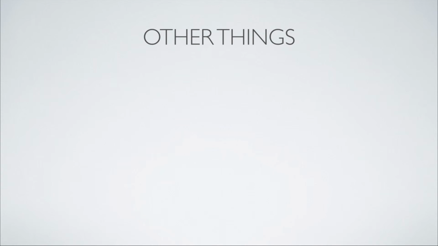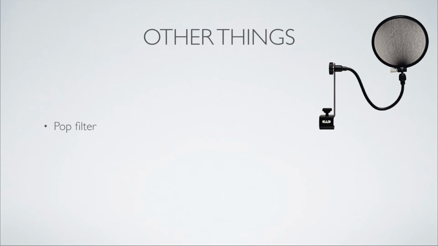So other things you can buy. There are a lot of things actually that you can buy, but a couple of things. A pop filter, which I'm actually using right now when I'm recording this. It's the small thing that comes between the microphone and the person who is speaking. So that eliminates the air bursts, and it doesn't affect the microphone.